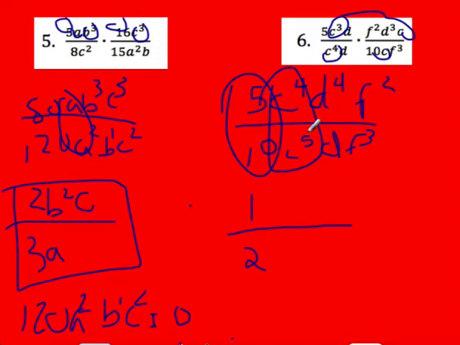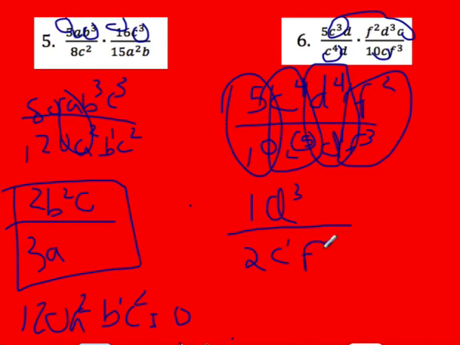My larger amount of c's is on the bottom, so c to the first is going to go on the bottom there. Then I have d to the fourth divided by d to the first. Remember, if there's no exponent, it is a 1. And that's going to give us d to the third, and that's going to go on top because the larger amount of d's is on top. Taking a look, f squared divided by f to the third, that's going to leave us with f to the first power, and that's going to simply be on the bottom because that's where the larger amount of f's are.